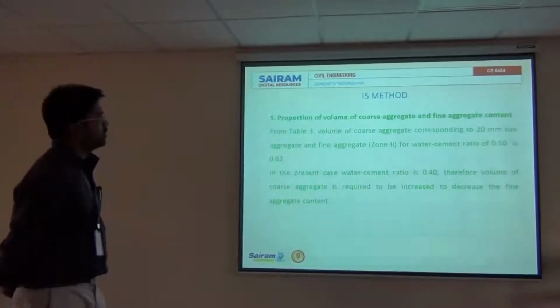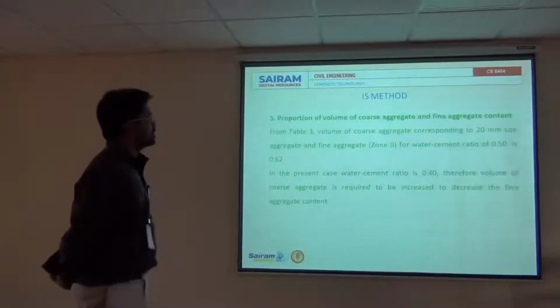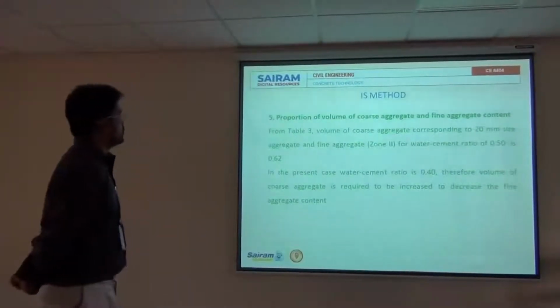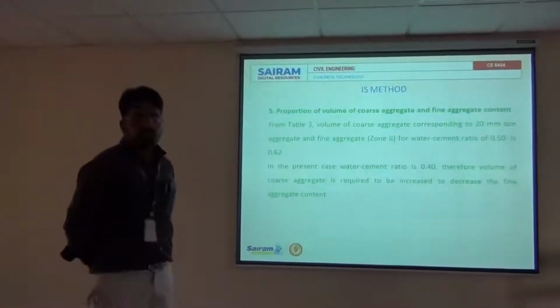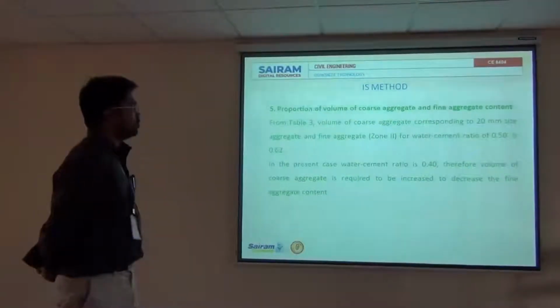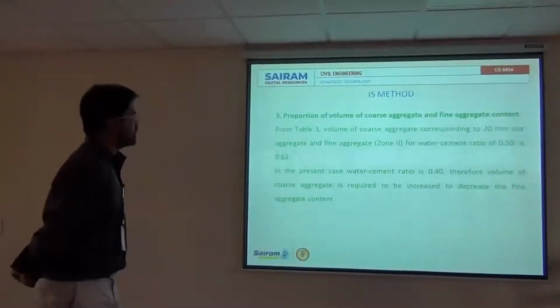You get, for the given size of aggregate 20 mm, zone 2 grading, it is clearly stated as 0.62. This is particularly for water cement ratio 0.5. But our selected water cement ratio is 0.4. Therefore, you have to increase the coarse aggregate proportion and reduce the fine aggregate content.